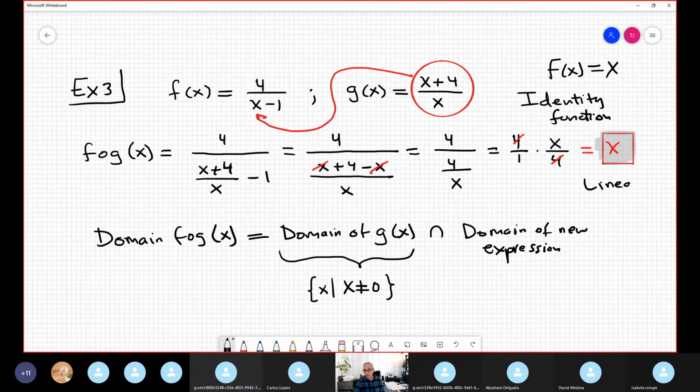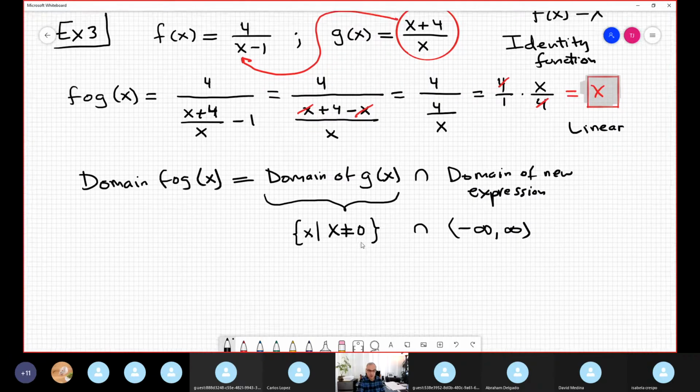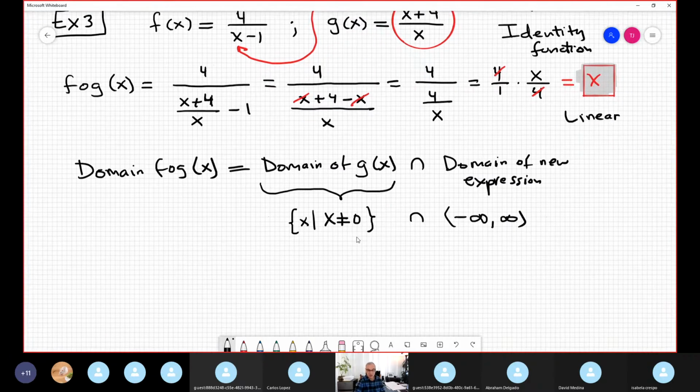And no division, no square root, so it's all real numbers. And the intersection between all real numbers and all real numbers except 0. So in conclusion, the domain, it's not necessary to write the all real number line because you understand very well, I suppose, is all real numbers except 0.